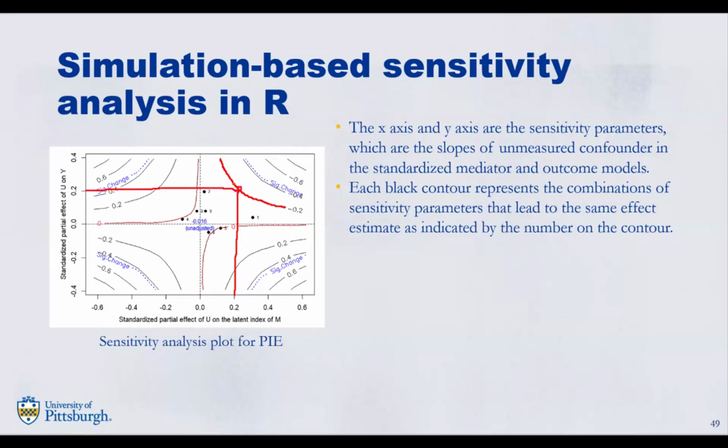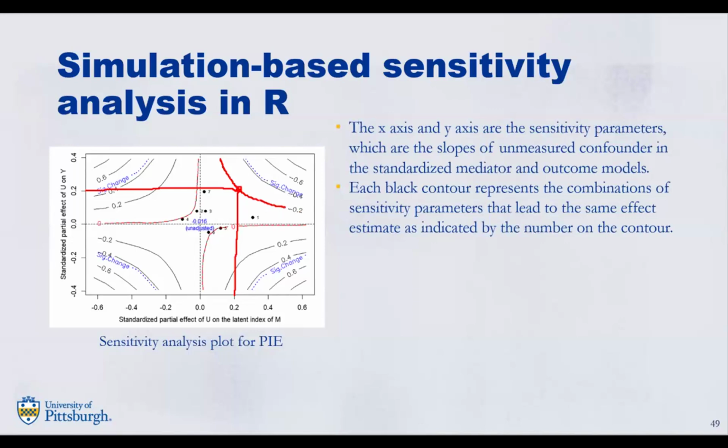Then what we do is that with the two given sensitivity parameter values, we derive the conditional distribution of U. Then we randomly draw U from its conditional distribution and adjust for it in the causal mediation analysis. And then we get that the adjusted pure indirect effect estimate is -0.2.